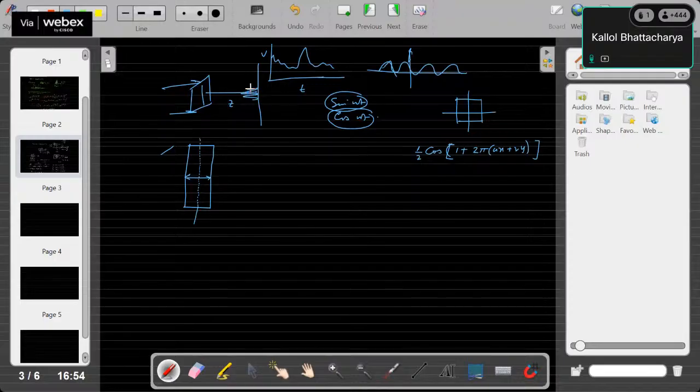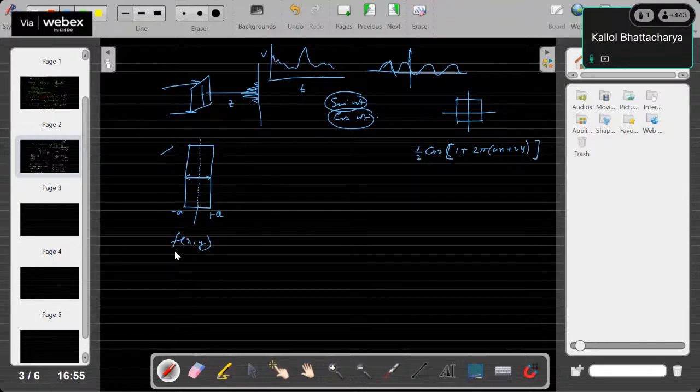And looking at the pattern, is it possible to find out the thickness of the slit, which is very small, of the order of 1 micron? Now, let us say the slit is in the x direction and it is from minus a to plus a. The width of the slit is 2a. And this is my object f(x,y).